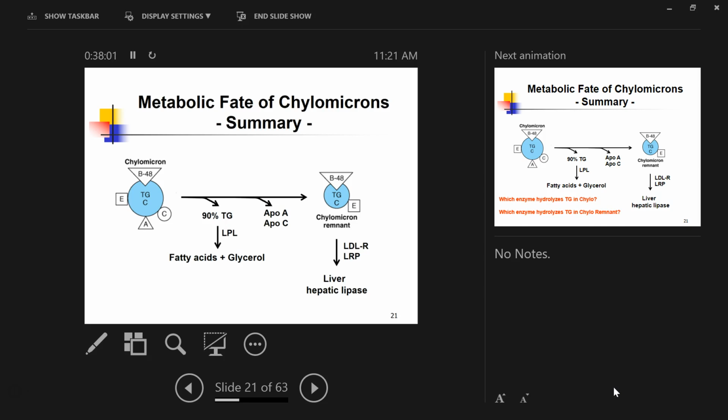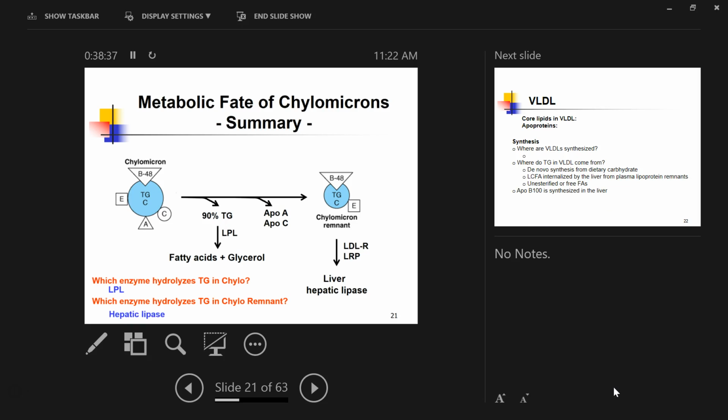But the chylomicron remnant triglyceride is hydrolyzed in the liver by hepatic lipase, a different enzyme. Okay, so here's a question. Which enzyme hydrolyzes triglyceride in chylomicron? LPL. And which enzyme hydrolyzes the triglyceride in chylomicron remnant? Hepatic lipase.